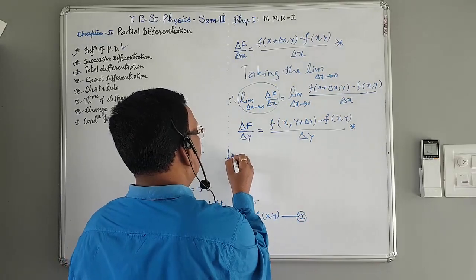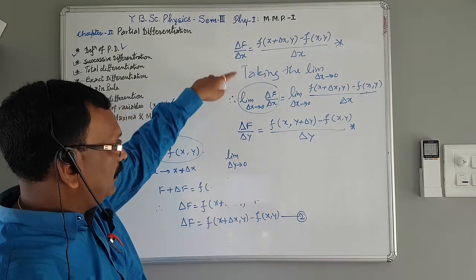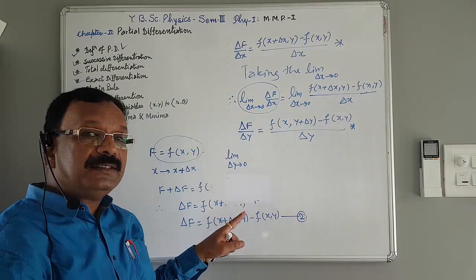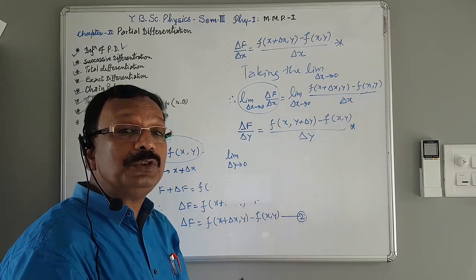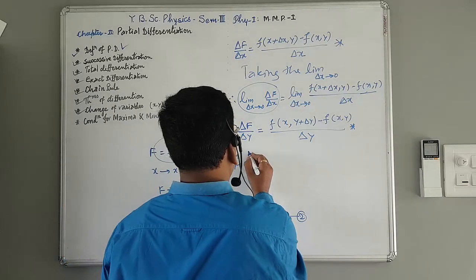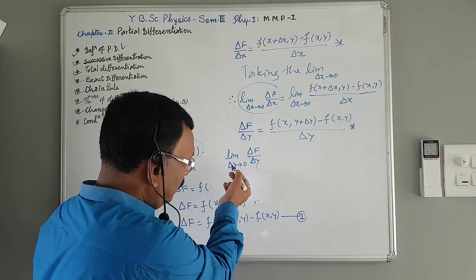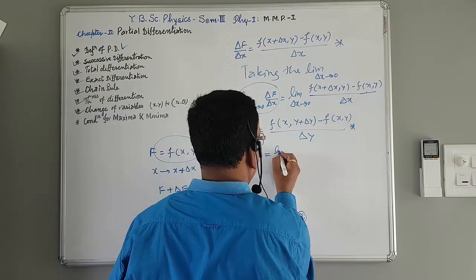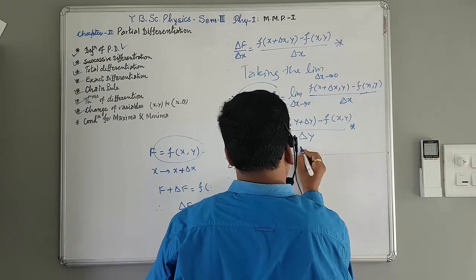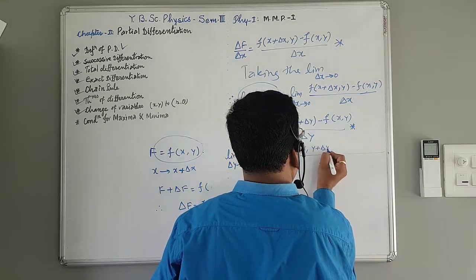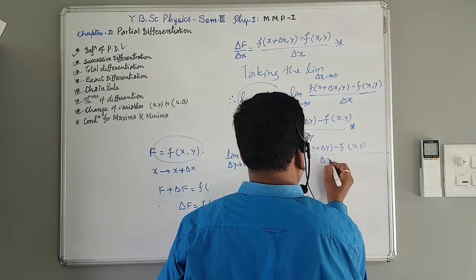Again, taking the limit on both sides of this equation, that is limit delta y tends to 0. Like this, y changes to y plus delta y, but the value of delta y is very close to 0, not 0 but very close to 0. Therefore, limit of delta f by delta y as delta y tends to 0 is equal to limit delta y tends to 0 of f of x comma y plus delta y minus f of x comma y upon delta y.